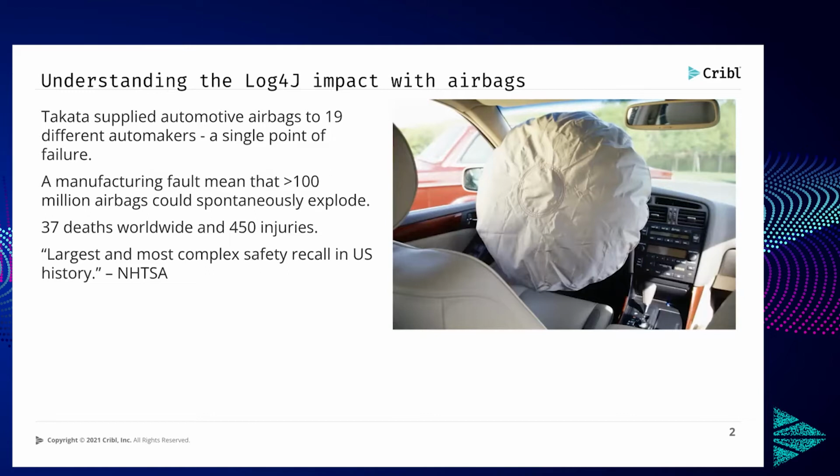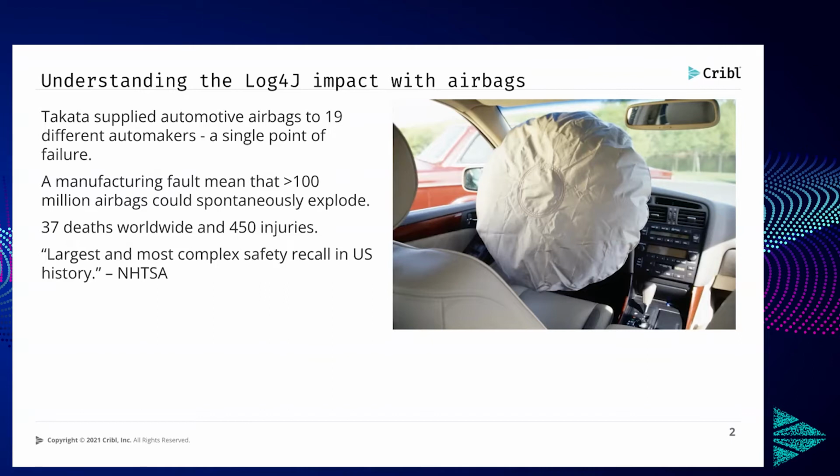So the whole airbag industry kind of coalesced around one or two really large suppliers that ended up providing airbags to 19 different automakers. Well, this created a single point of failure in automotive supply chains to the tune of about 100 million airbags that might spontaneously explode due to a manufacturing fault.